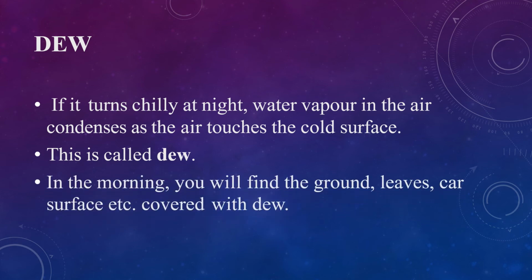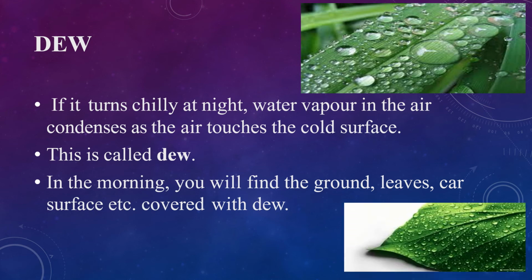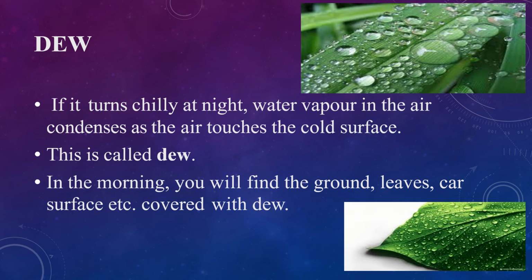For example, in the morning during the winters, you will find the ground, leaves, car surface, etc. covered with dew. You can see in the picture the leaf which is all covered with dew. These are the dew droplets which you find during the winter, especially in the morning.